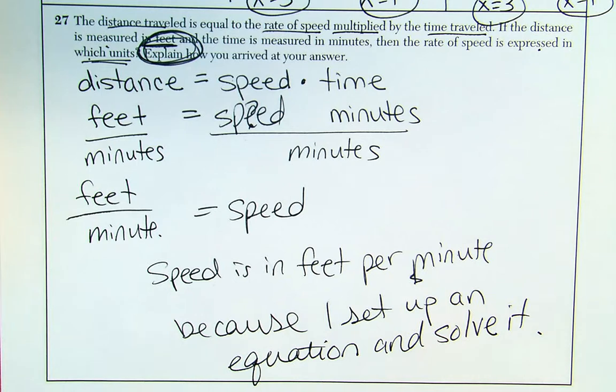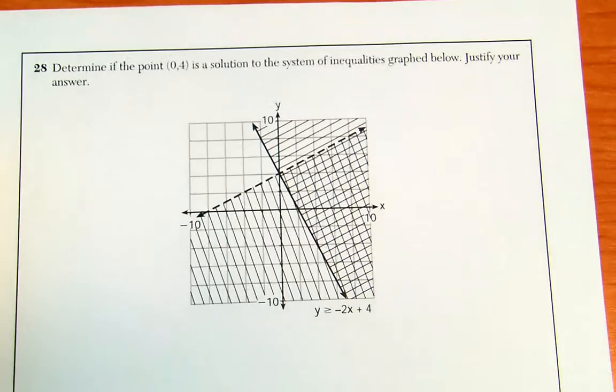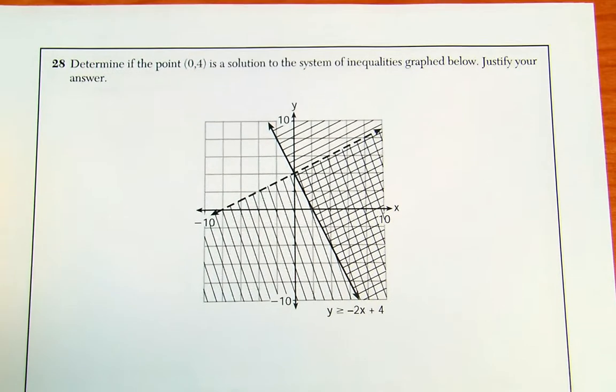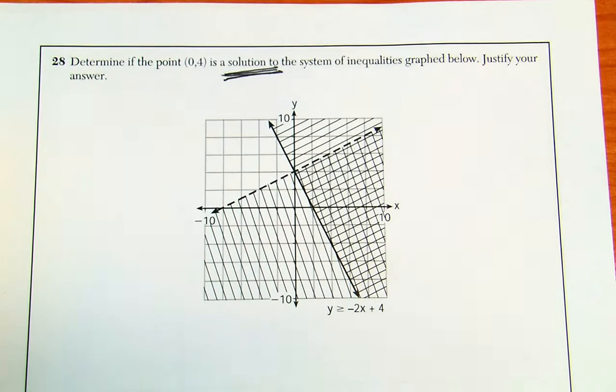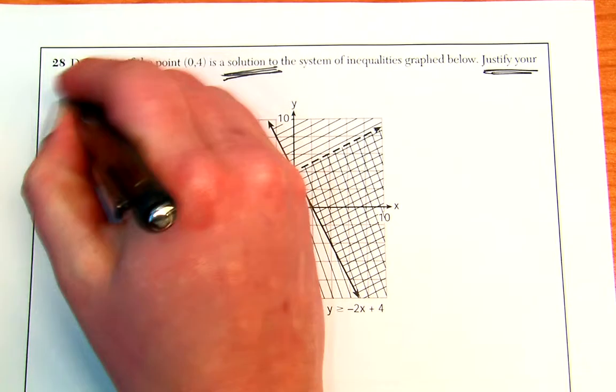All right. So let's take a look at number 28. Determine if the point (0, 4) is a solution to the system. Solutions make inequalities true. Solutions make equations true. Solutions make stuff true. That's just what it is. And then it says, justify your answer.